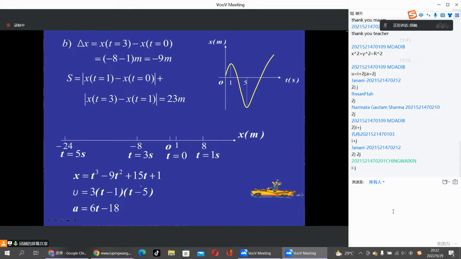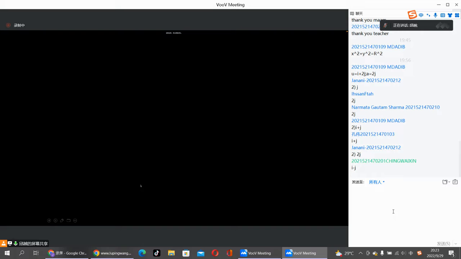So we have 2 parts, one from t equals 0 to t equals 1, and the other part is from t equals 1 to t equals 3, and it equals 23 meters. It moves like this.